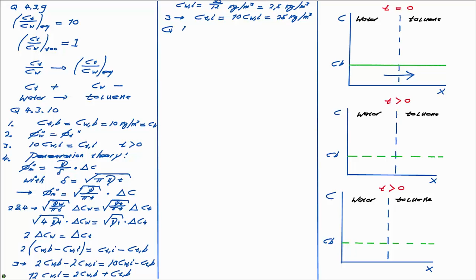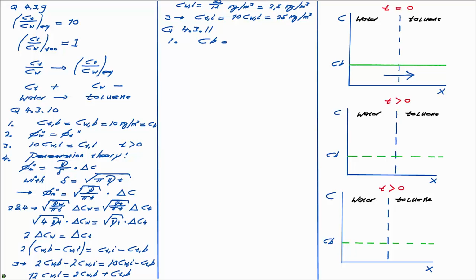Question 4.3.11. Which of the following figures depicts the concentration profile best? And here we have to consider concentrations for relatively short times again. Repeating part of the previous answer, 1.